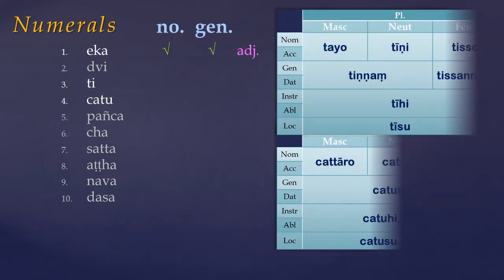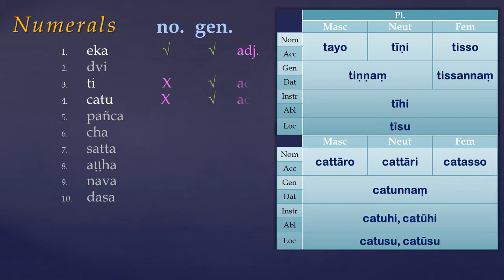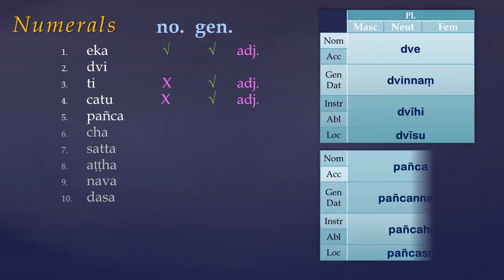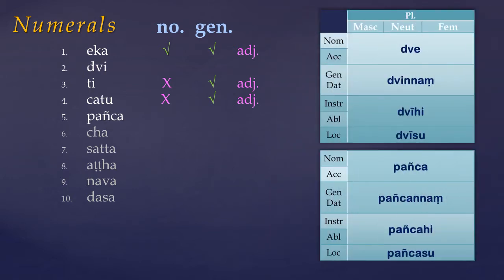The numbers 3 and 4 also decline by gender, and likewise are classed as adjectives. But the numbers 2 and 5 are essentially genderless and only agree in case with the noun qualified.